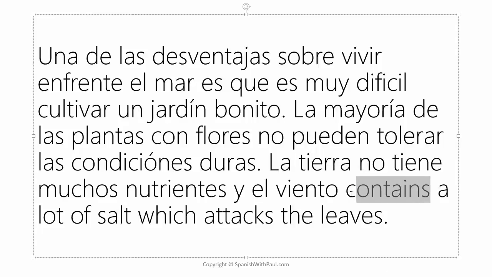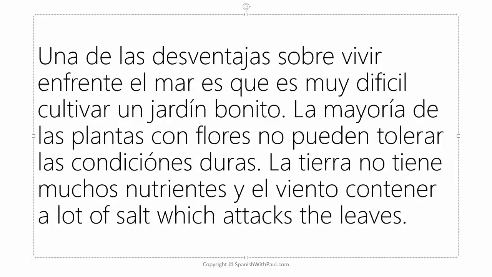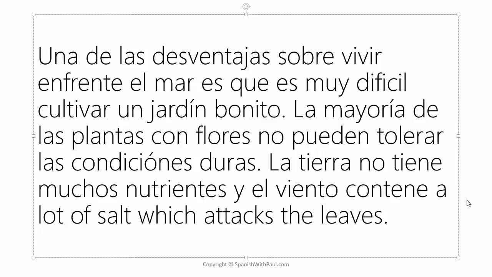Now we have a verb, to contain, and that would be contener. What's interesting here is that you can see tener inside of this, and this affects the conjugation because it contains, instead of being contene, it gets broken up, contiene, because we're having tener inside here, so it's being conjugated in the same way.